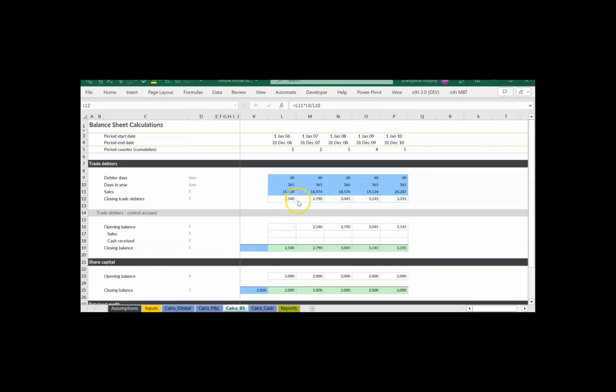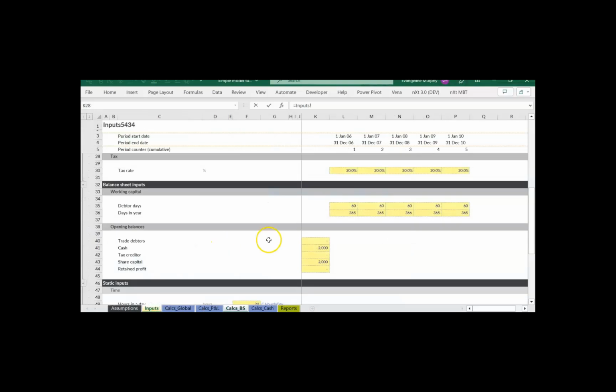We can now bring this down to our control account below. The closing balance is already linked up to our closing balance earlier, but we need to bring through our opening balance in cell K19, which in this scenario is 0.